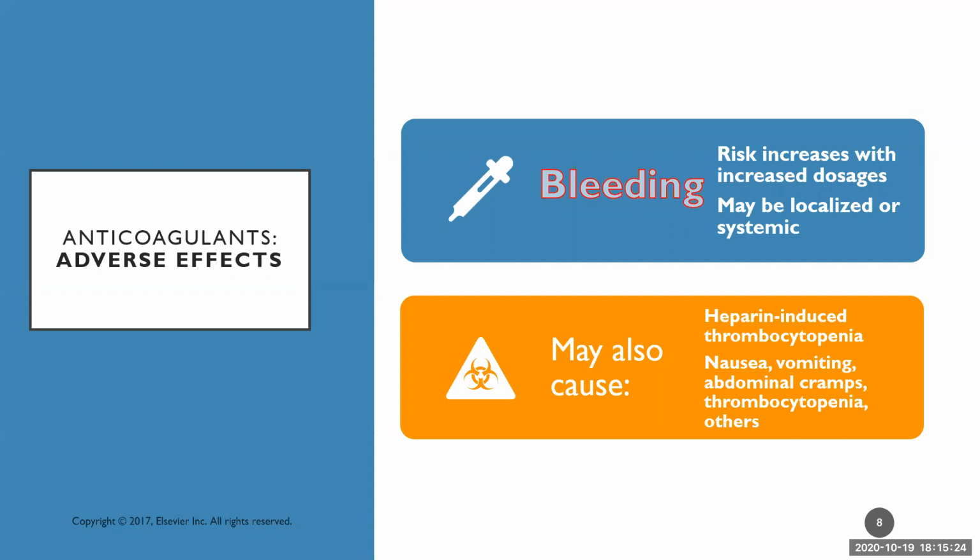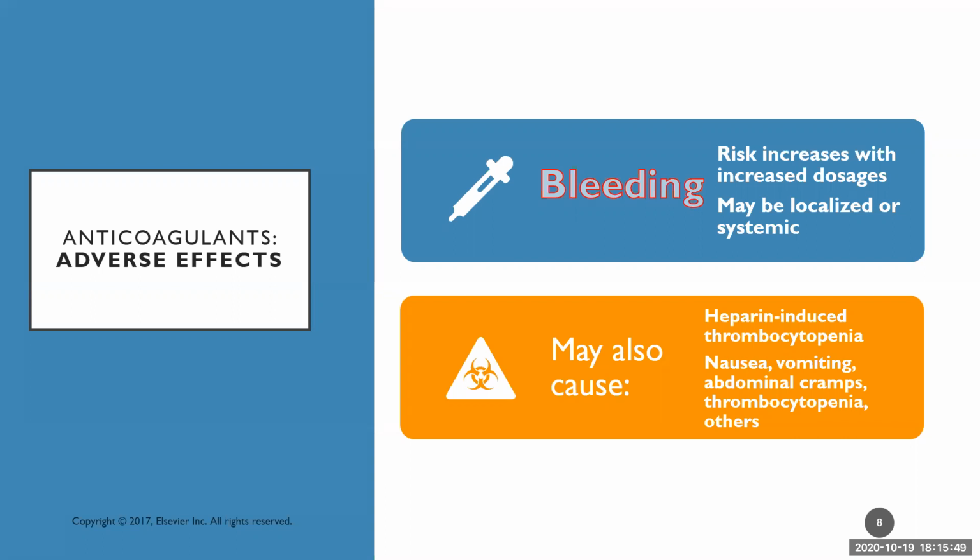It's the systemic bleeding that is internal, in the brain or in the GI tract, that we don't know is happening, and that can lead to a stroke. It can lead to a massive GI bleed and hypovolemic shock. So you'll be monitoring for signs of those things.